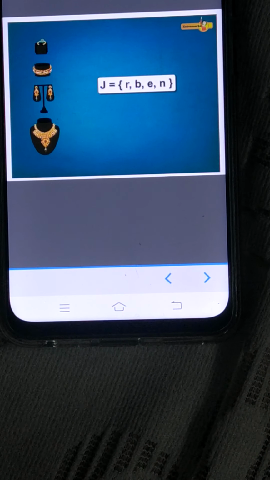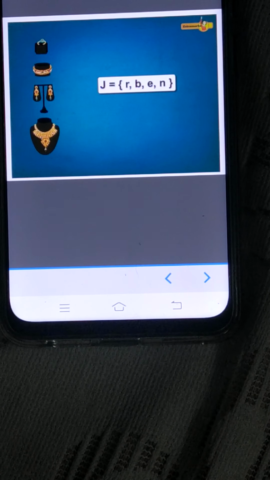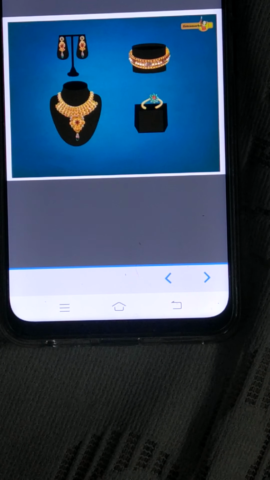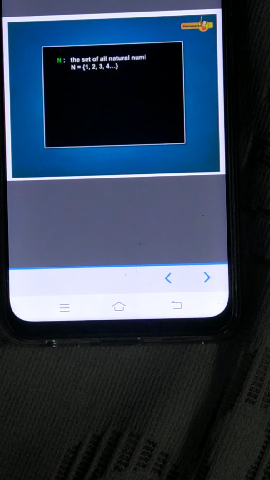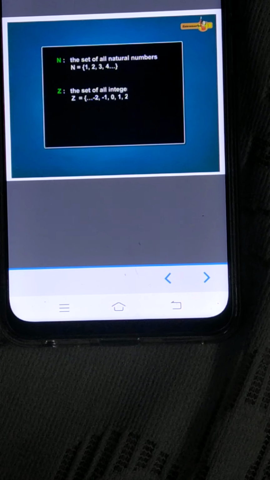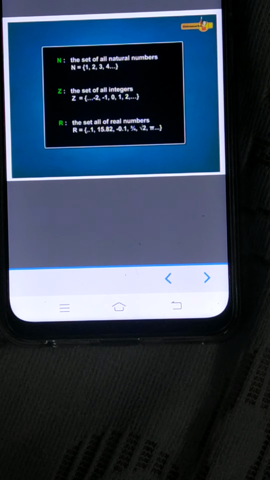Keep in mind that the set is denoted by capital letter, whereas elements are denoted by small letters. Now, let's see some examples of sets used particularly in mathematics. Set N represents the set of all natural numbers. Z represents the set of all integers, and R represents the set of all real numbers.